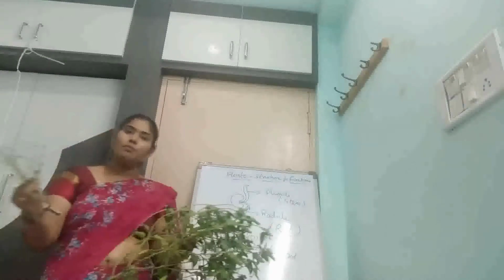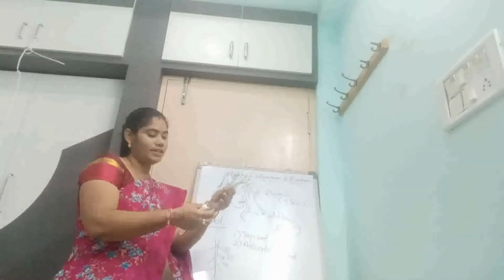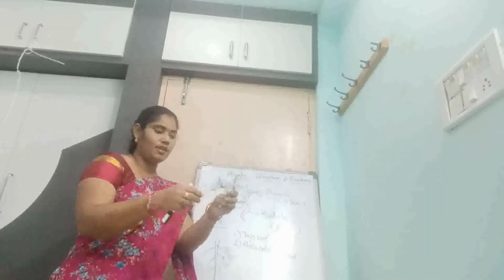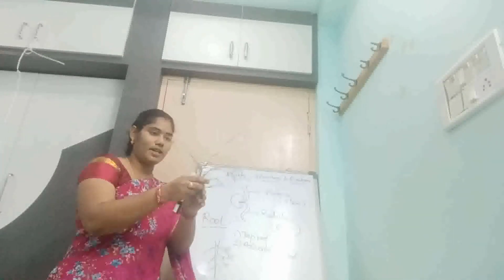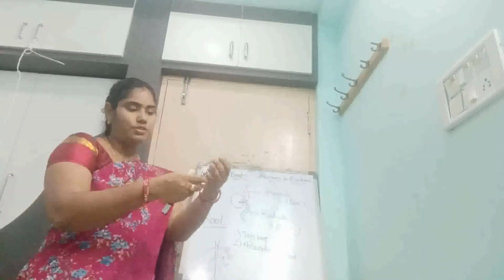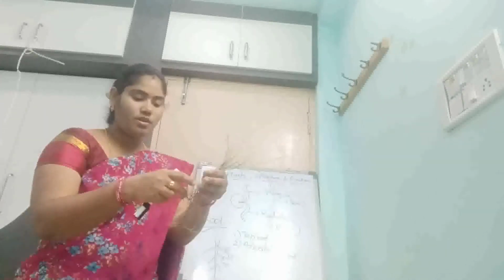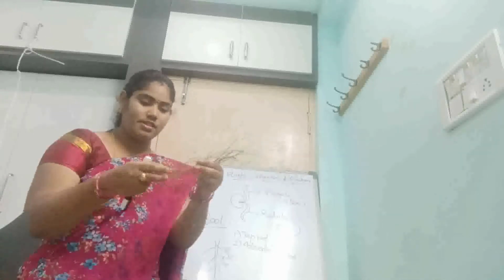Next, the second type of root system is the adventitious root system. Generally the adventitious root system is seen in monocot plants. The monocot plants have adventitious roots. Monocot plants are grass, maize, sugarcane, all these come under monocots. These monocots have fibrous roots.